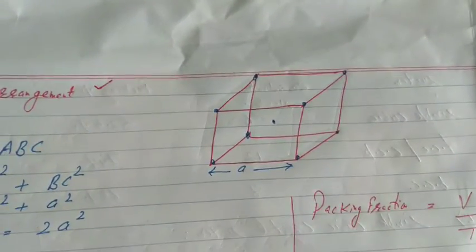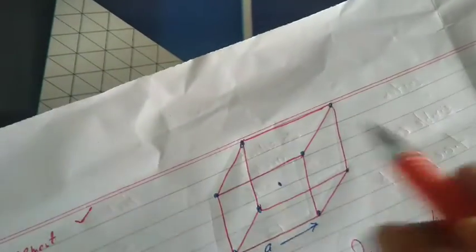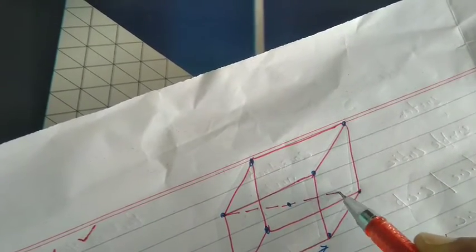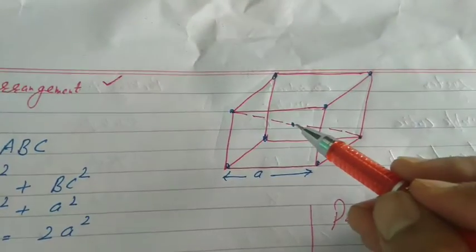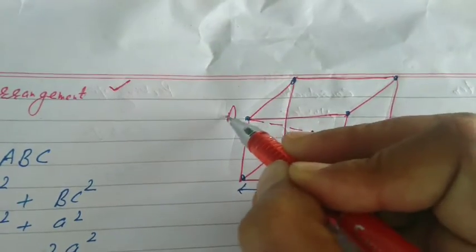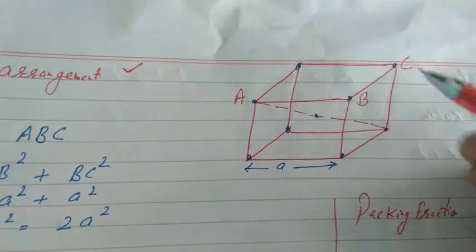Students, in BCC arrangement we have to mention the body diagonal. It is the body diagonal, students. It contains 1 particle of the body center and 2 of the corners. Again the same, A, B, C and D.